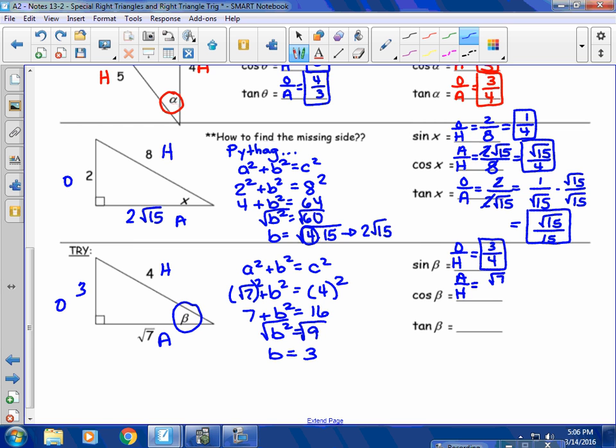Adjacent's radical 7. Hypotenuse is 4. Nothing to reduce there, and the radical's in the numerator, so that's okay. And TOA, opposite over adjacent. Opposite is 3. Adjacent's radical 7. Don't want that radical in the denominator, so multiply top and bottom by radical 7. We get 3 radical 7 over 7.